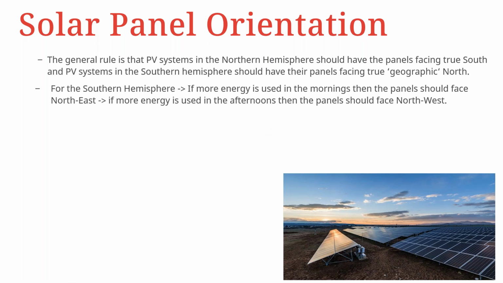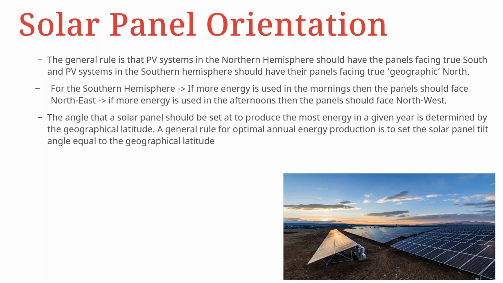either east or west. So going forward, the angle that the solar panel should be set at to produce the most energy in a given year is determined by the geographical latitude. Although this is generally the case, there are still some other factors that are keyed in that are not actually covered in this webinar.